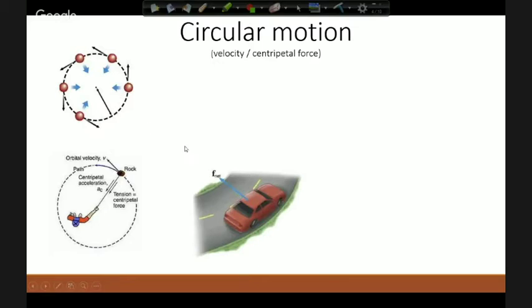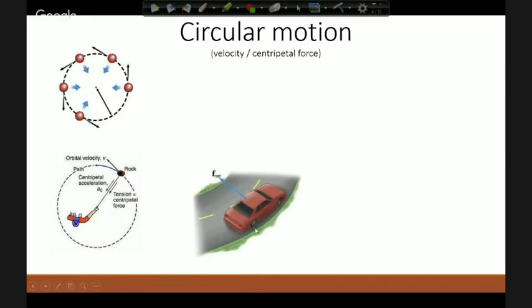Now, there's really three examples of circular motion and centripetal force that you need. A car going around a road will have friction, which is responsible for the centripetal force. It makes a lot of sense, because if there was no friction between the wheels and the road, the car would slide off the road in a straight line.